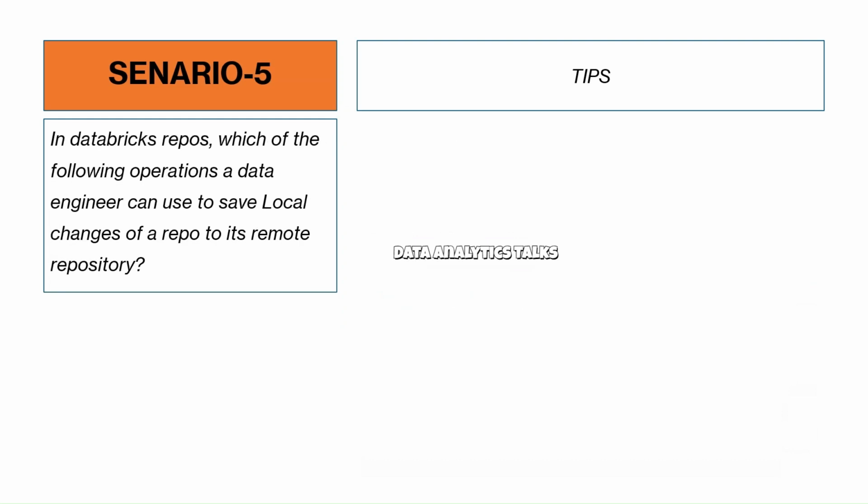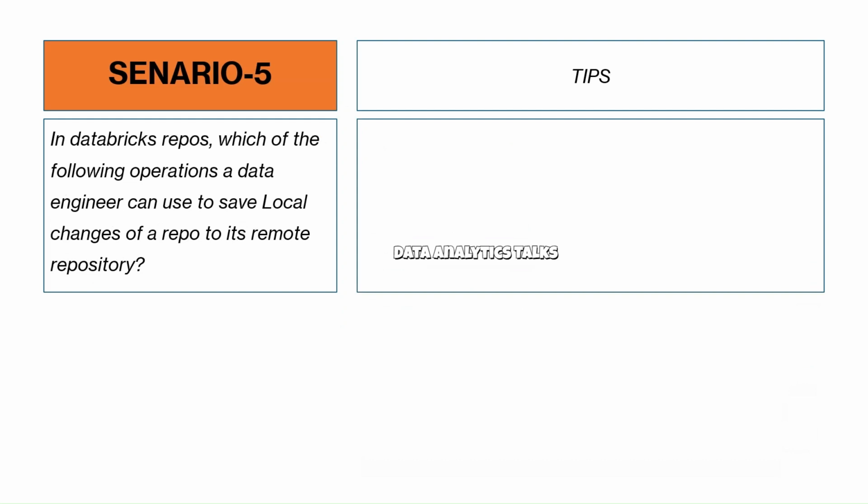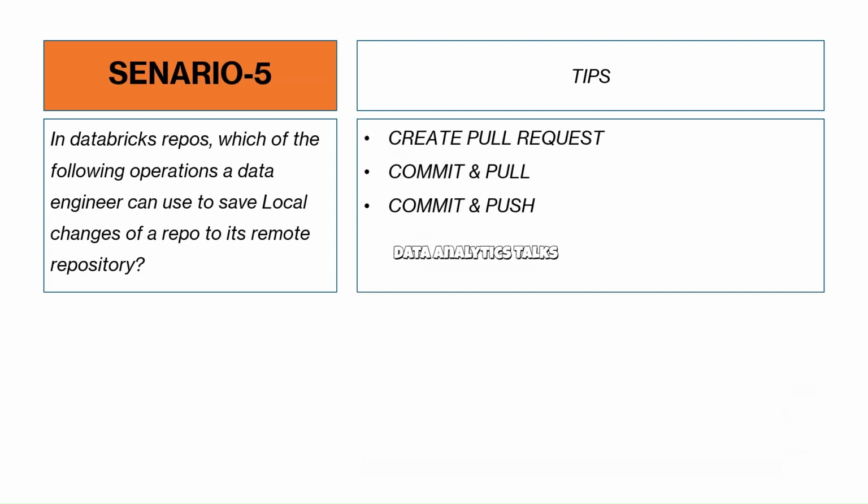Then going to scenario 5: in Databricks Repos, which of the following operations can a data engineer use to save local changes to a repo to its remote repository? This question is related to repositories. So let's see what the actions are: create pull request, commit and pull, commit and push, merge and push, and merge and pull.